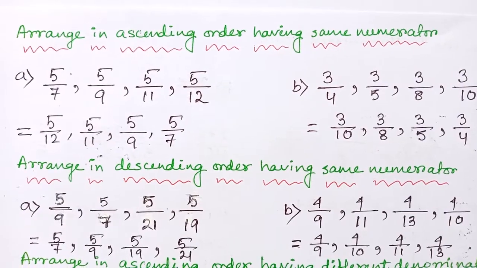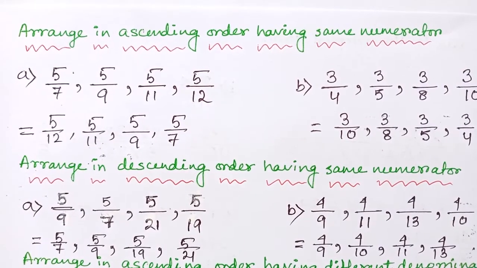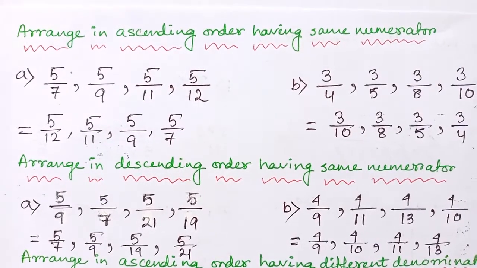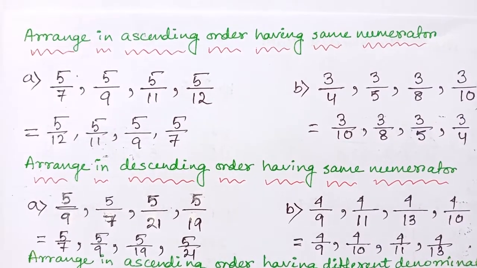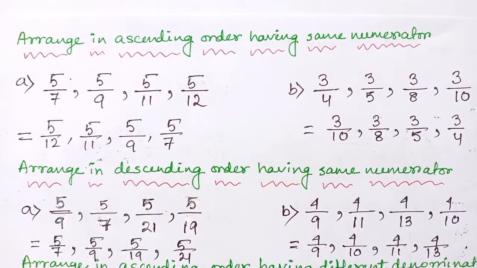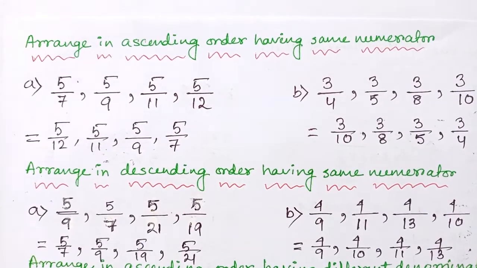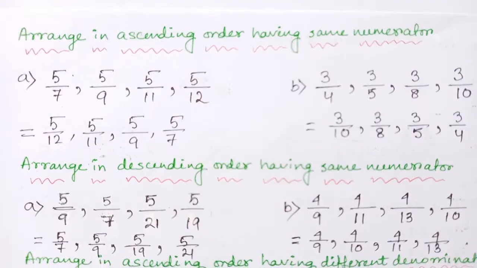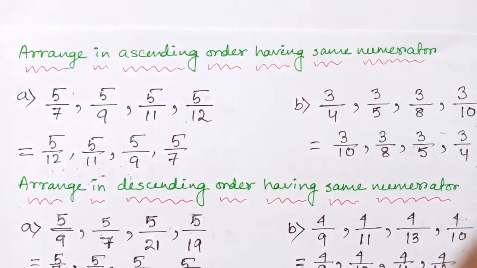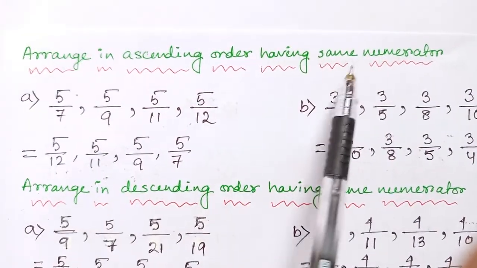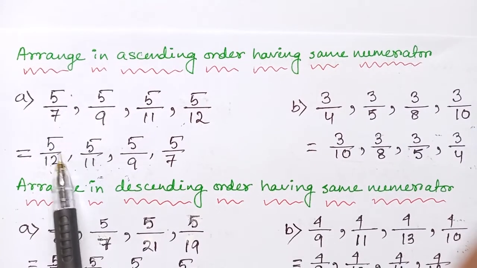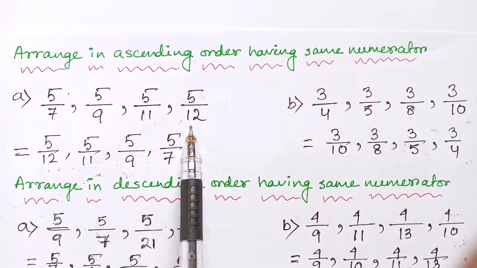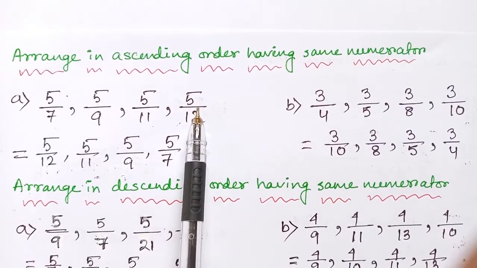Now come to arrange in ascending order and descending order having the same numerator. When the numerators are same in the fractions, then having the greater denominator will be the smaller fraction and vice versa. So let's check with some examples. Arrange in ascending order having same numerator. Example number A, 5 by 7, 5 by 9, 5 by 11, 5 by 12. All the numerators are same, that is 5.